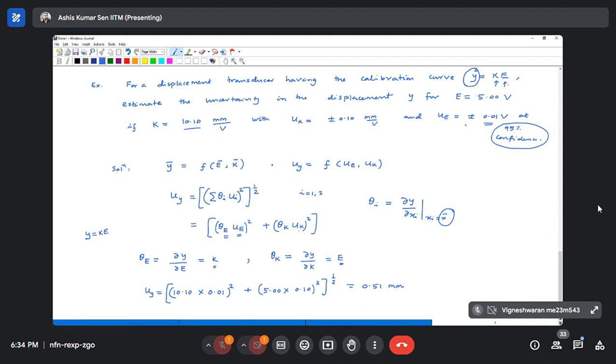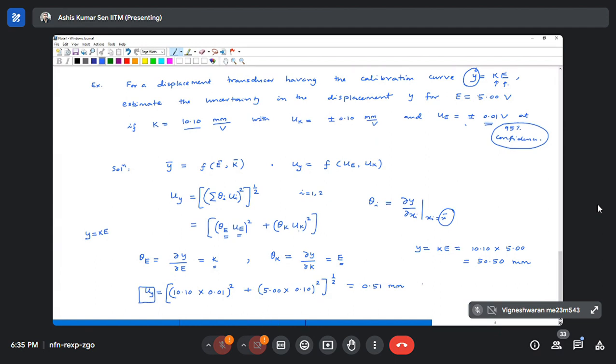So this is the uncertainty in y. And what is the nominal value of y? Nominal value of y is k into E. K is 10.10, E is 5.00, so this is basically 50.50 millimeter.